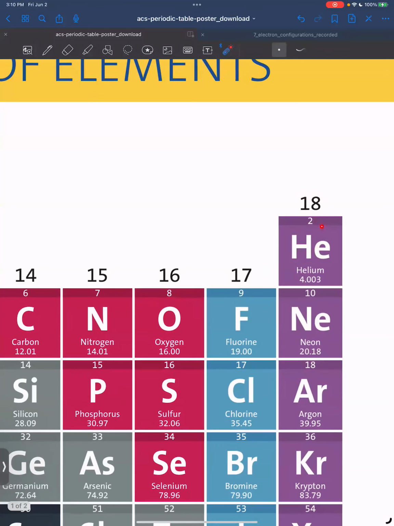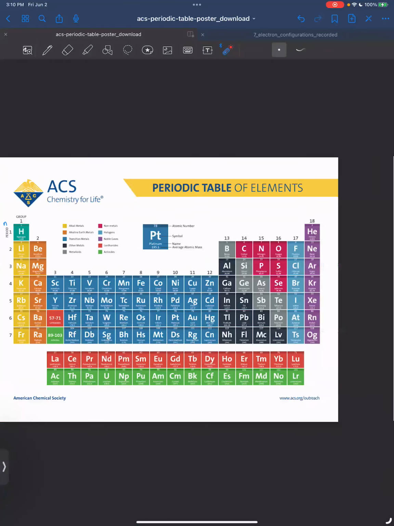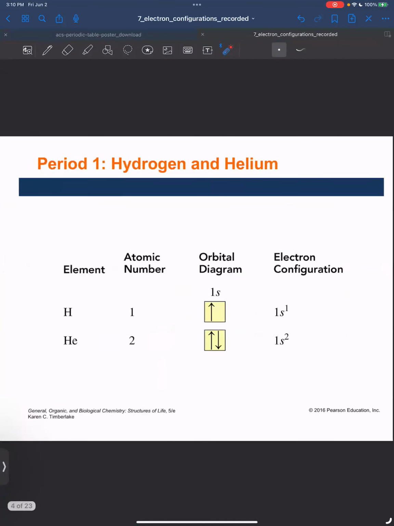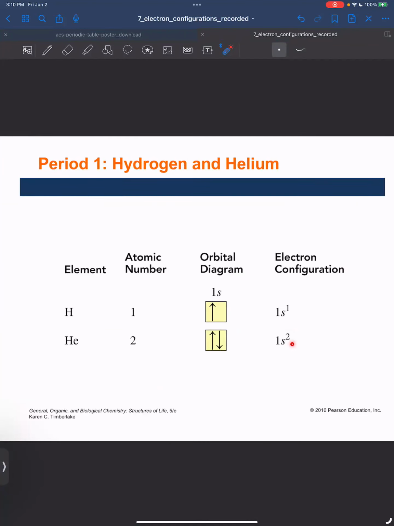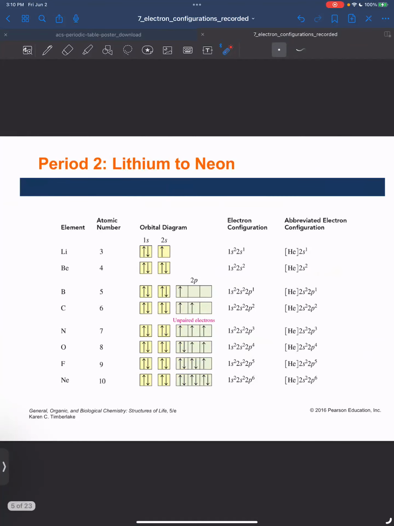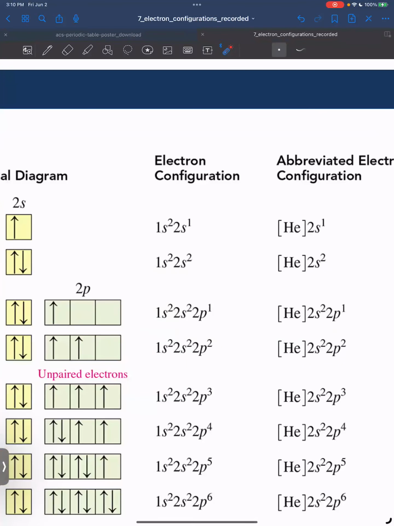So for example, helium, we already determined on the previous slide has an electron configuration of 1s2. And so for lithium, we determined it was 1s2, 2s1. Basically, that helium is 1s2.